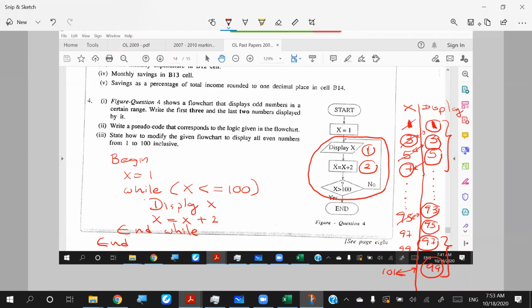So the repeat until can be written in the very same way, like begin, x equal 1 will be there anyway, and here you should have the word called repeat, and then you have to say the things that need to be done. So like display x, x equals x plus 2.